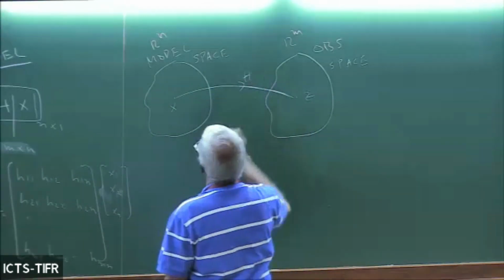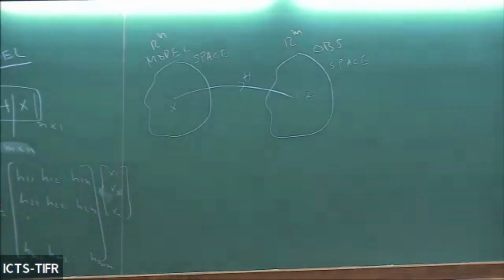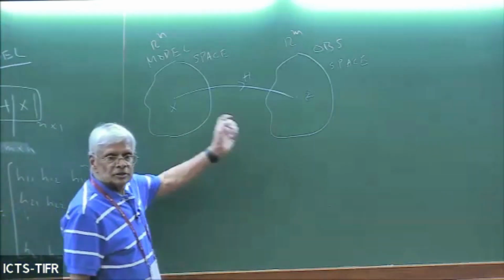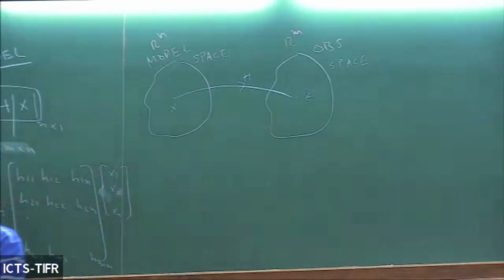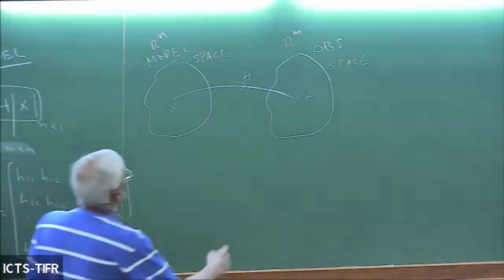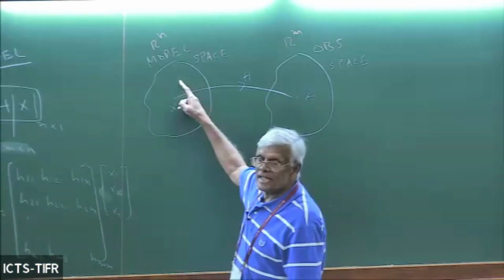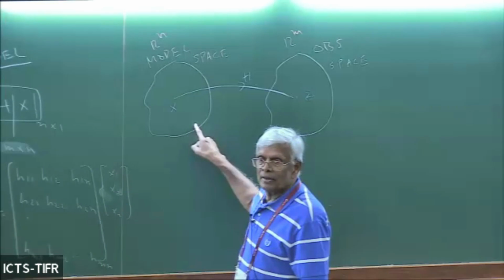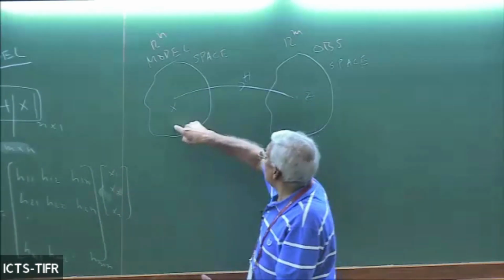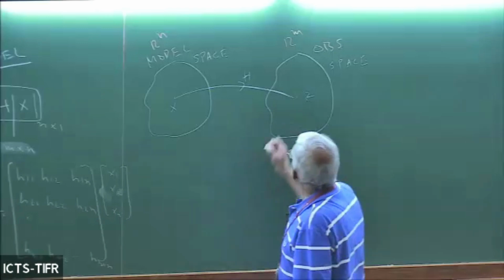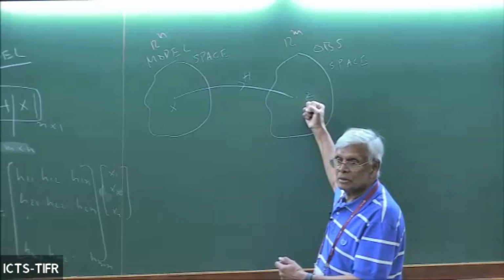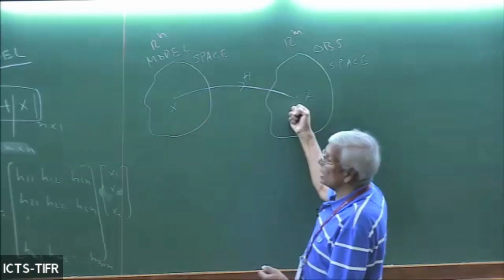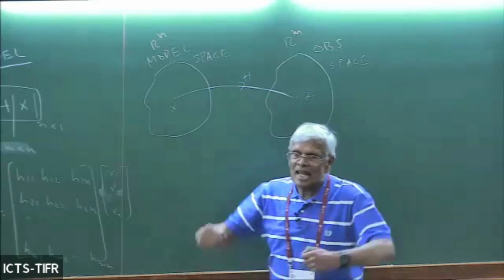H is a map that maps X to Z. That's a vector space. This is the n dimension. This is the m dimension. Observation space, model space. Observation is an m vector. It could be anywhere. The unknown x is in the model space. It could be anywhere. H is the bridge between model space and the observation space. So I have information in the observation space. I want to be able to bring that information into the model space so that I can use the information to estimate x. So H is the bridge.